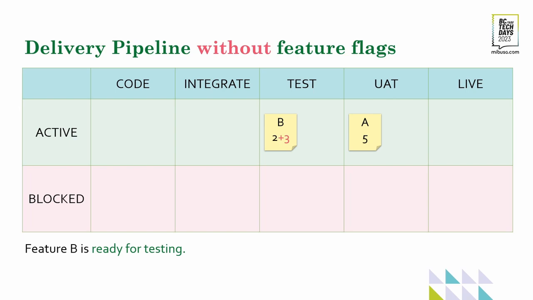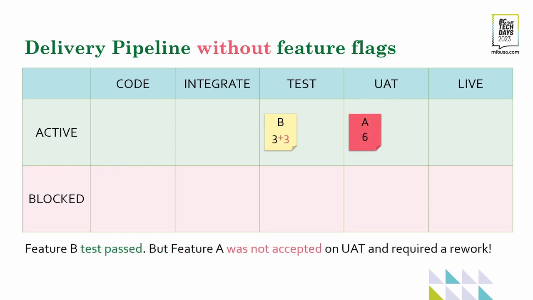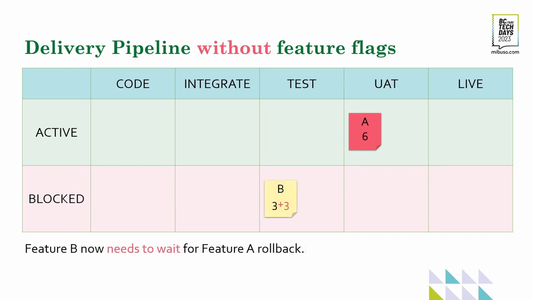Then feature A is quite buggy, and our users didn't accept it. They said, okay, we sort of mean something a little bit different from what your consultant understands. It happened. So please rework it and make it completely different. So this is where we actually need to roll back.